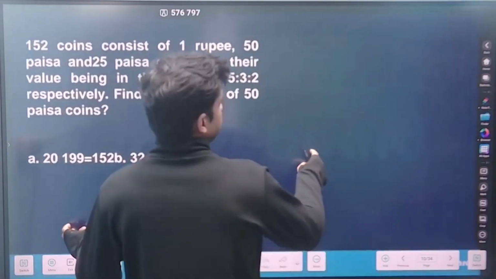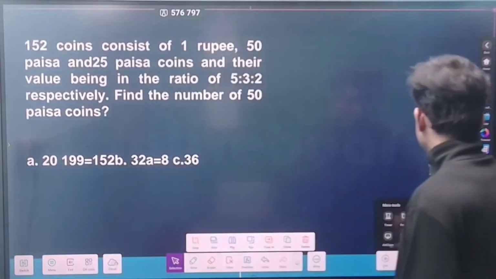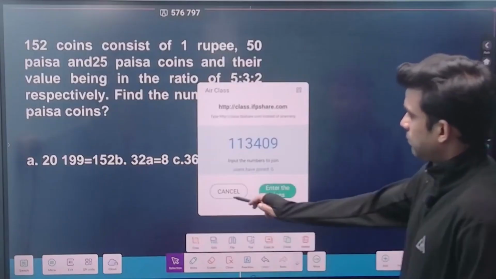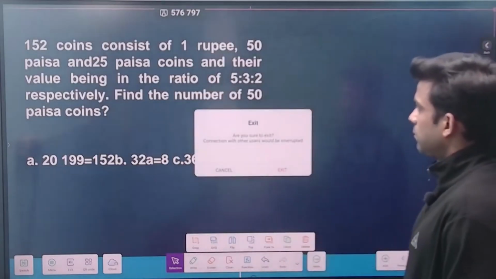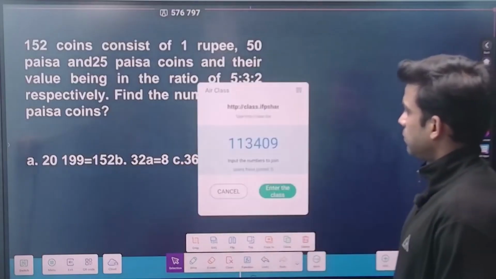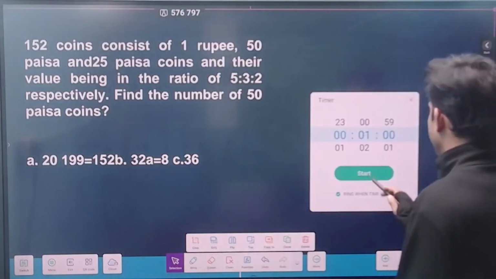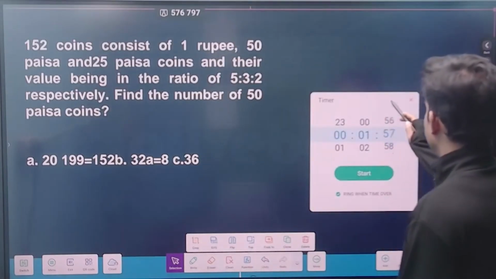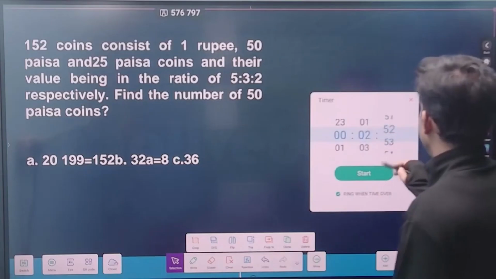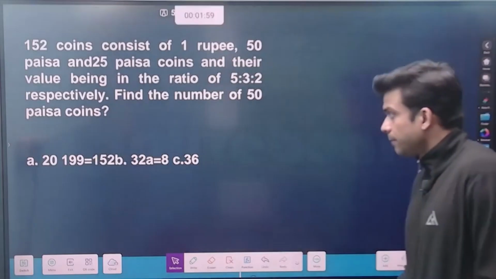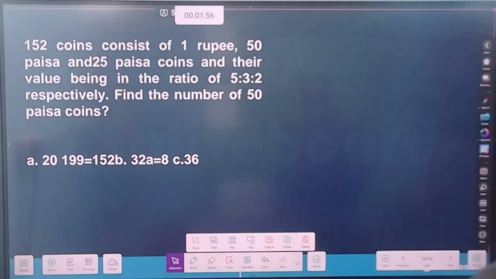Solve this. Let me give you the timer. Try this.